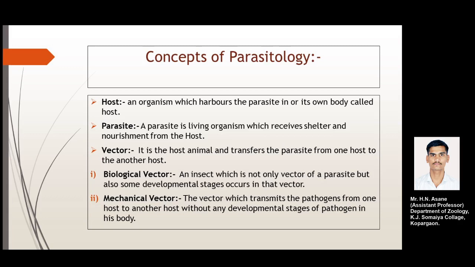Examples: various species of mosquito serve as a vector for the protozoan malarial parasites like the Plasmodium species.